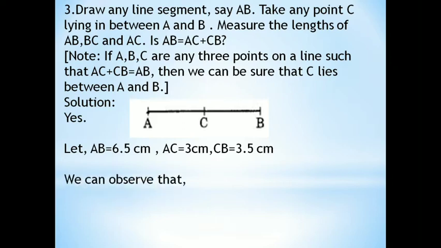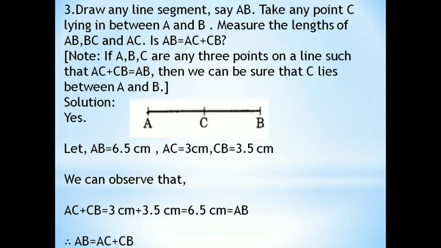So we can observe that AC plus CB, that is 3 centimeter plus 3.5 centimeter, is equal to 6.5 centimeter, which is the measurement of line segment AB. So we can write AB is equal to AC plus CB. So yes, AB is equal to AC plus CB.